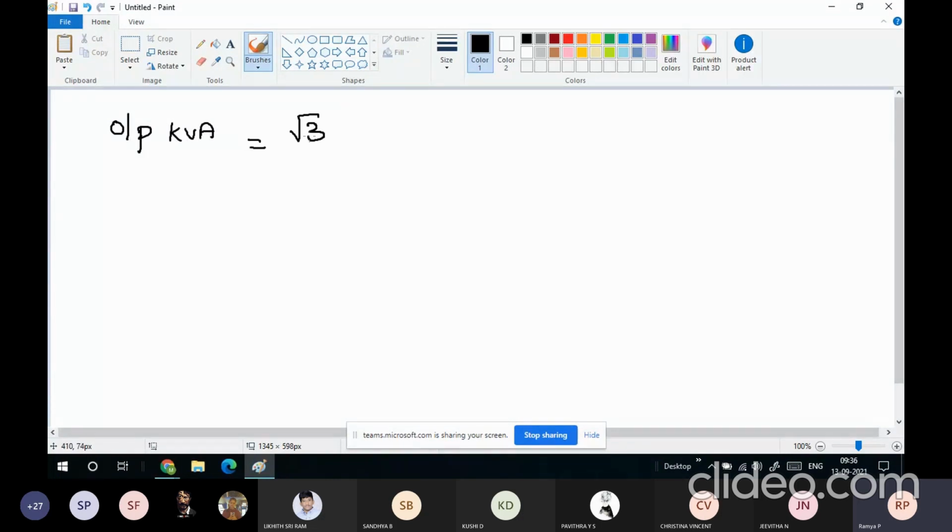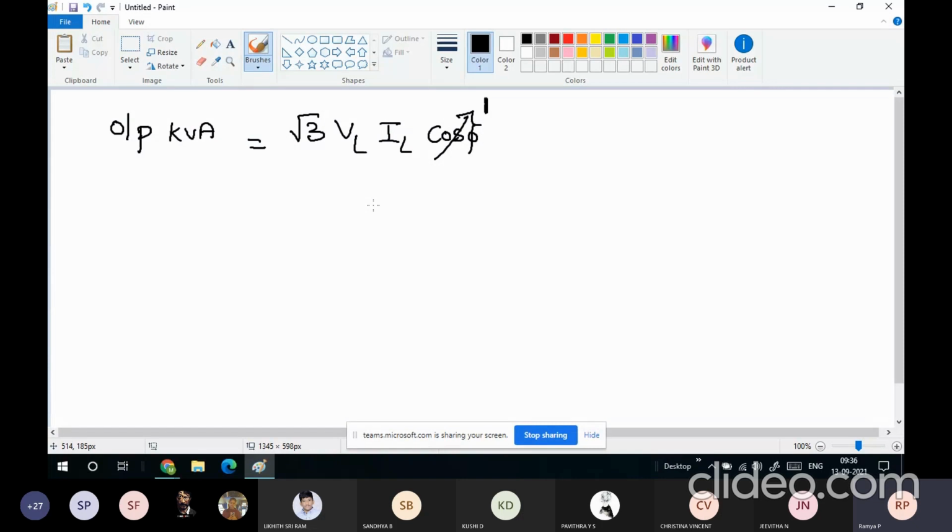That is root 3 into VL IL cos phi. Cos phi you are not going to consider; just consider it is a unity power factor, equal to 1.